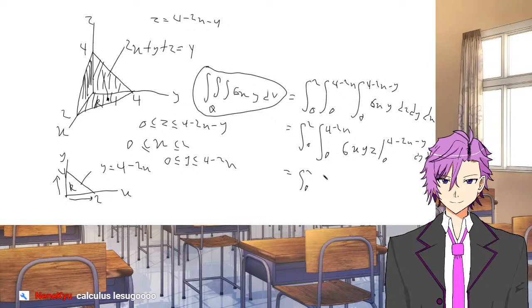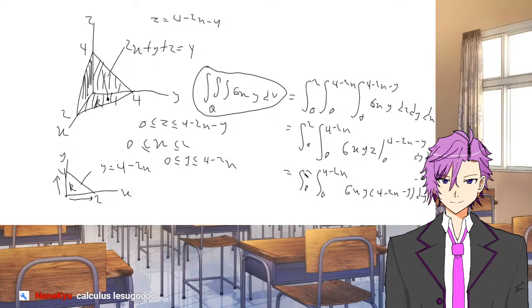So 0 to 2, 0 to 4 minus 2x, 6xy times 4 minus 2x minus y, dy dx. Since there's 0, we'll just put this minus 0 just for you guys. It makes things easier to understand.